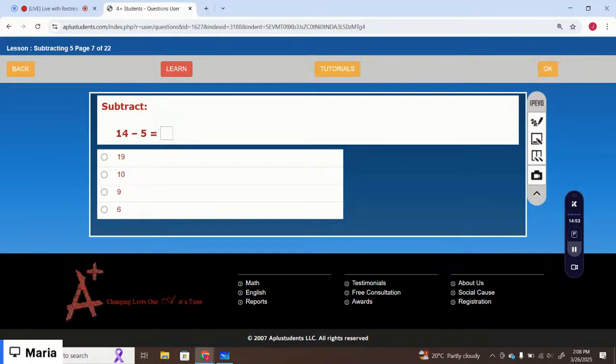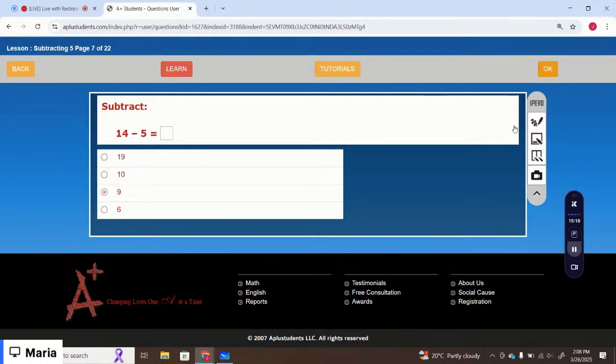The next one is 14 take away 5. Which is the correct option? 14 take away 5 is 9.